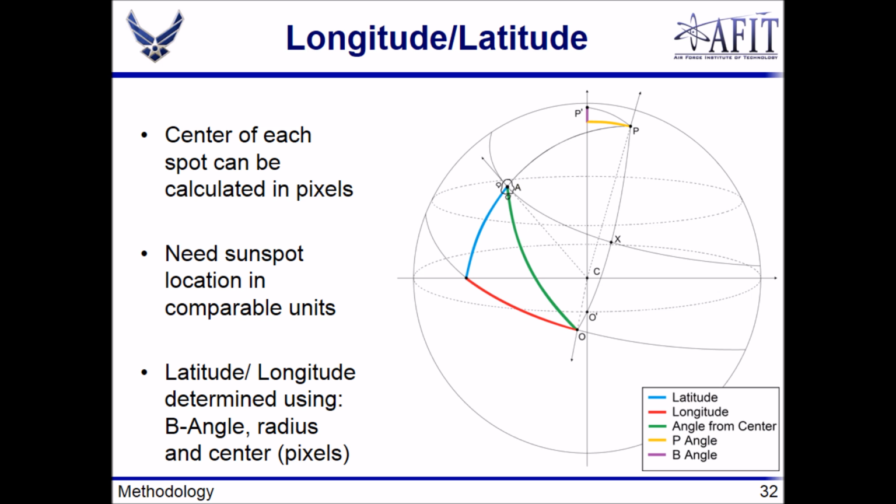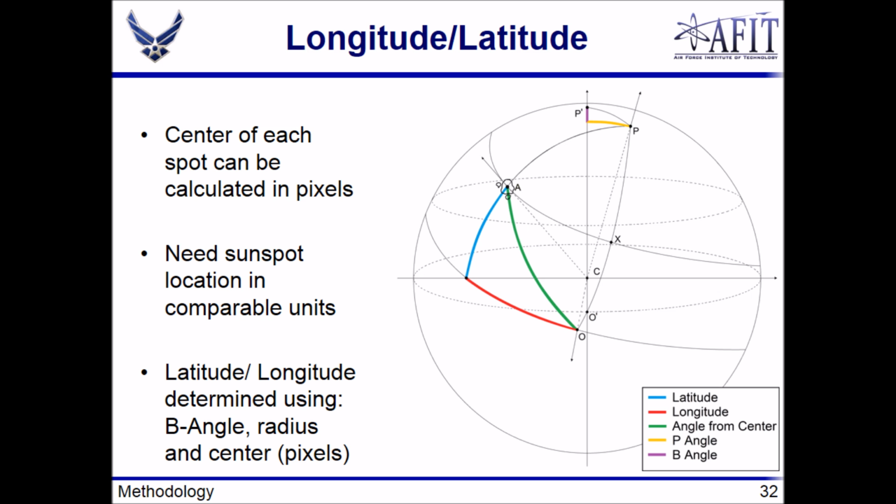after I have all the locations for the sunspots in black and white, I want to find which pixels are associated with those sunspots, but I need to have those locations in comparable units. So I want to transform everything into longitude and latitude values, because that's what is generally reported from SWPC and our observatories.